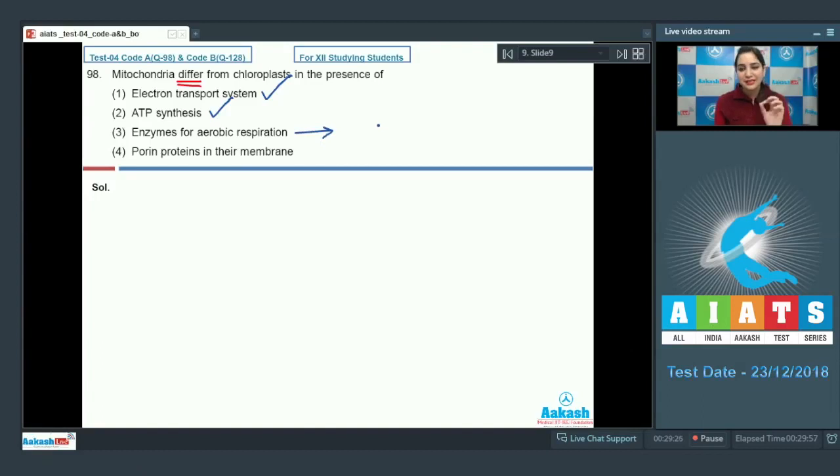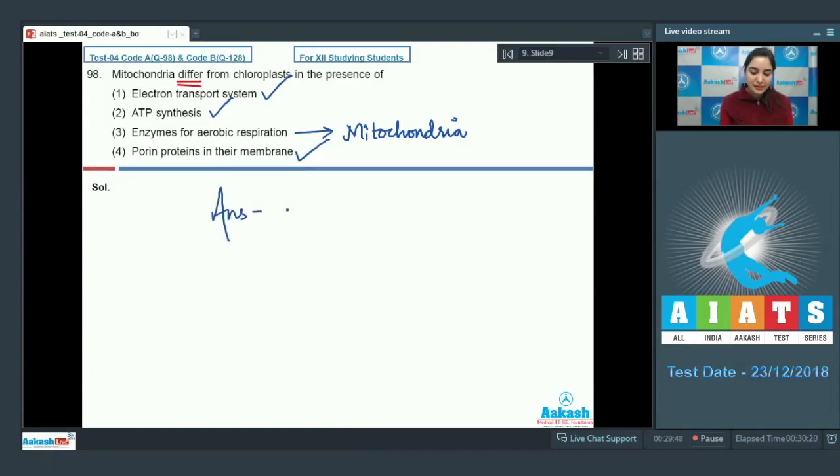This feature is absolutely dedicated to mitochondria. Then porin proteins in the membrane. This is also right, students. Porin proteins are found in the outer membrane of mitochondria as well as chloroplast. Therefore, students, the right answer is option number 3.